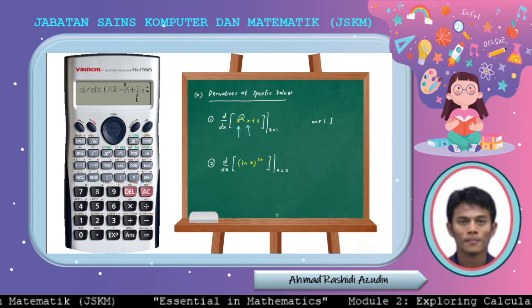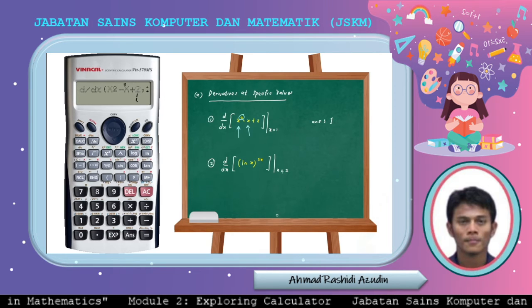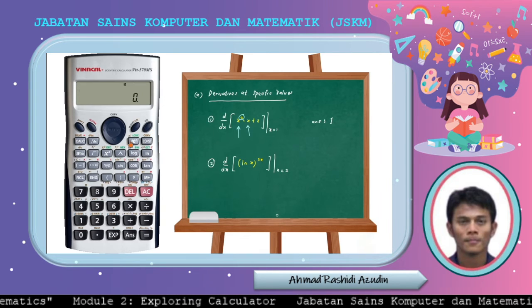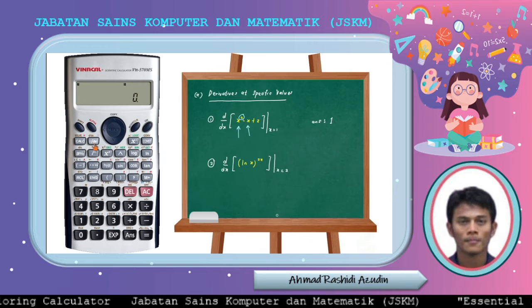Now let's solve another question, which is the derivative of ln x to the power of 2x at x equals 2. So we need to use the derivative function: press shift and then followed by this button.